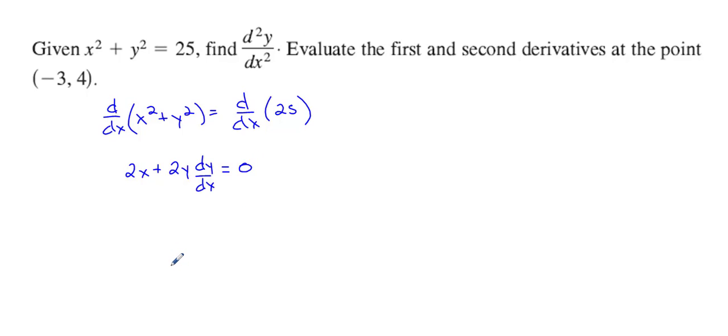Okay. Solve for dy/dx. Divide by 2y. And what would that be? Negative 2x over 2y, which is just negative x over y, which is not too bad.